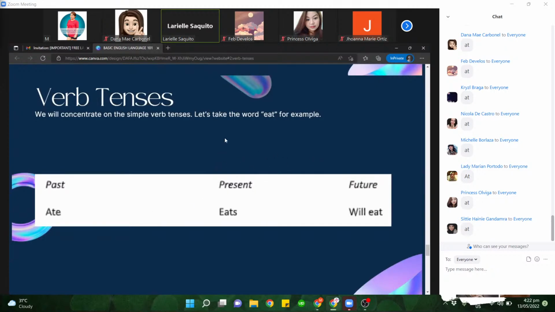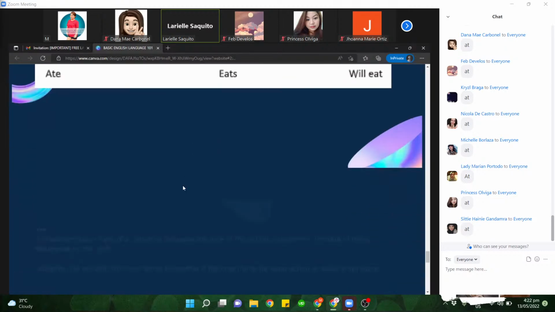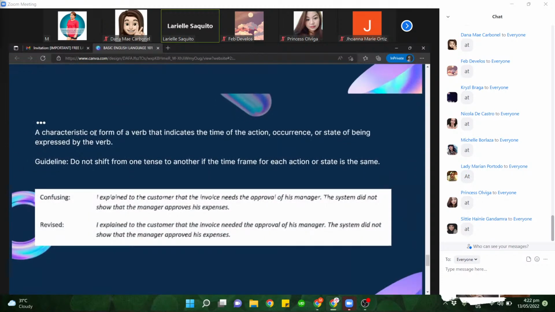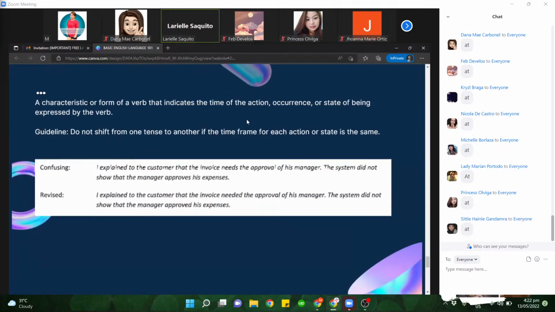The present tense, past tense, and the future tense as well. So we did not really include that much the past participle yet. Okay. So again, for the verb tenses, especially if we are using it in a particular sentence, if the different verbs are occurring on the same time, our tenses should be consistent as well.